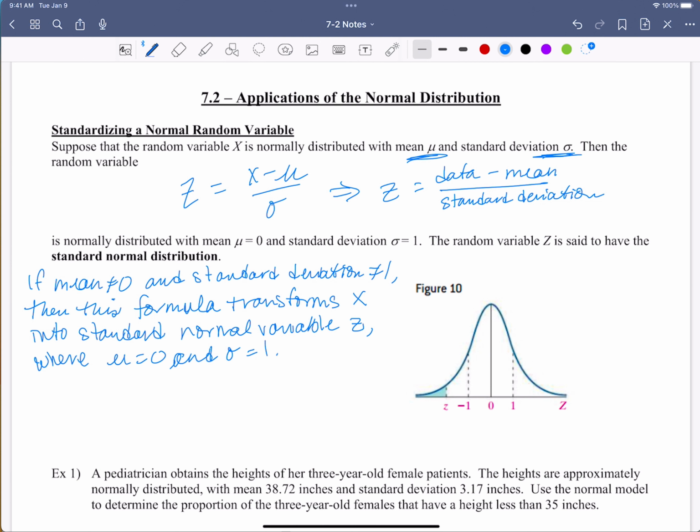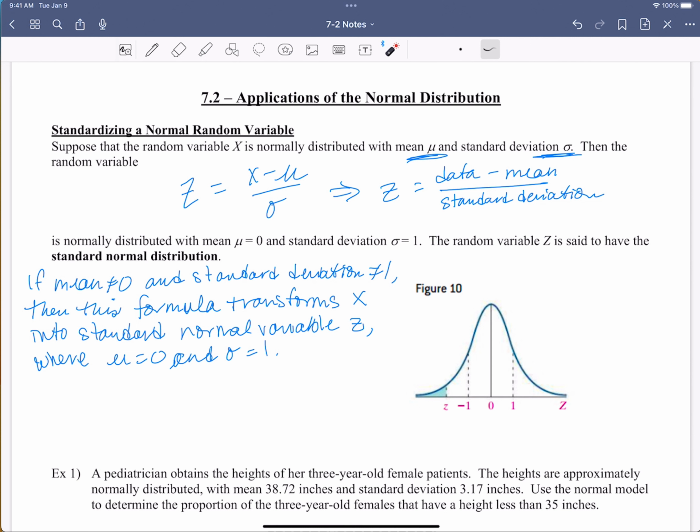So whenever I have this, what we're basically saying is we're getting something that's standardized or normalized. That's what a standard normal distribution is. So if I have a mean and a standard deviation that are not 0 and 1, then I plug those into this formula and that makes it to where it's standardized. That's all that's saying. All right.